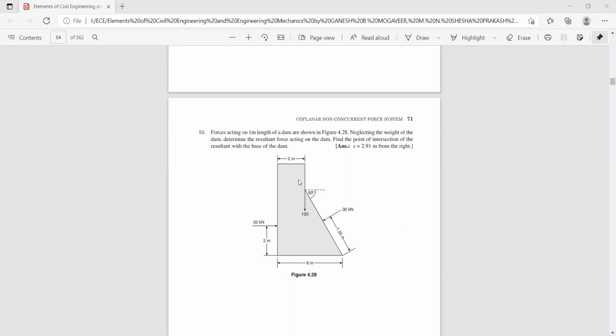Then you find the sum of moments of all the forces with respect to any given point. Then equate it to the moment of the resultant. Thereby you will get the position of the resultant. Once you get the position of the resultant, then next you need to calculate the X and Y intercept values. So this completes the resultant of coplanar non-concurrent force system.